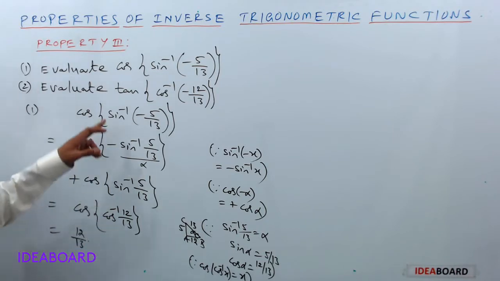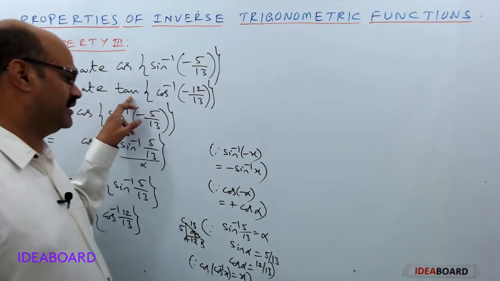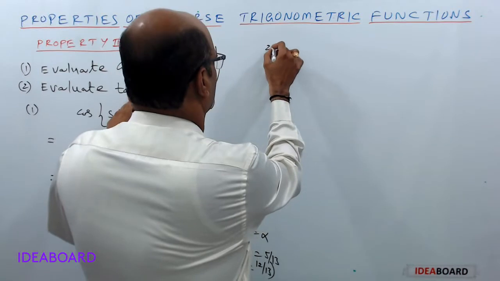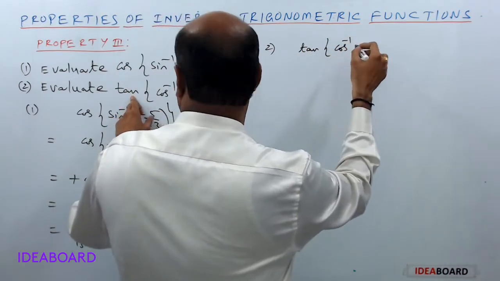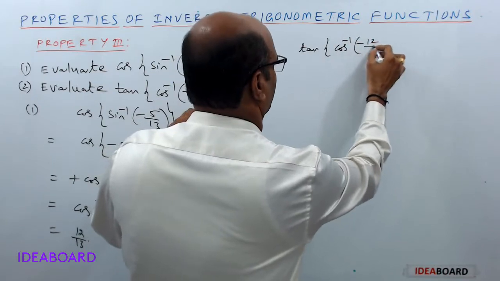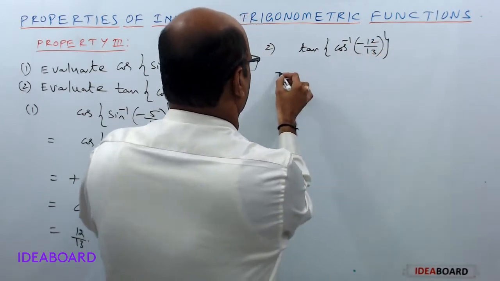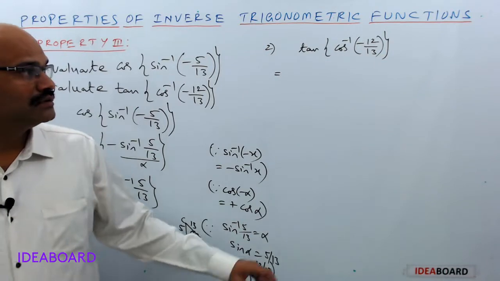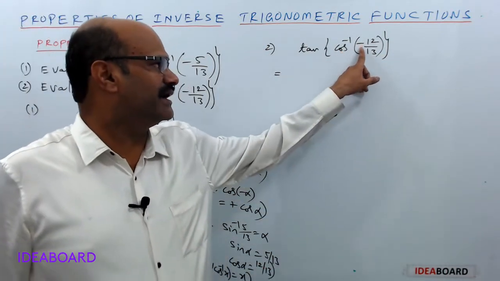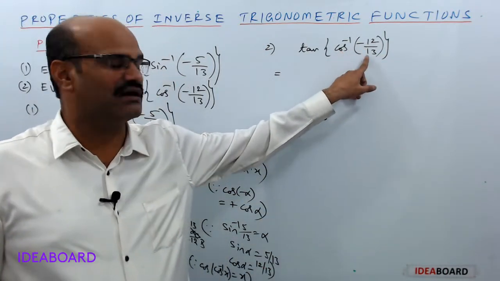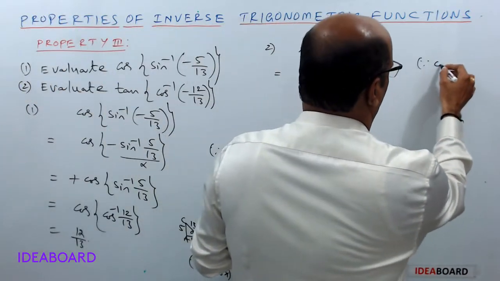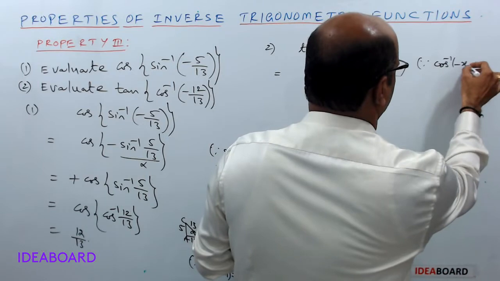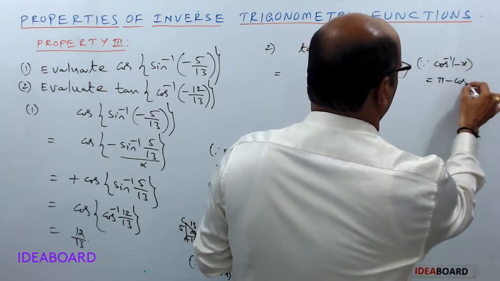Now, second problem: evaluate tan of cos inverse of minus 12 by 13. We have cos inverse of minus x equal to pi minus cos inverse of x.